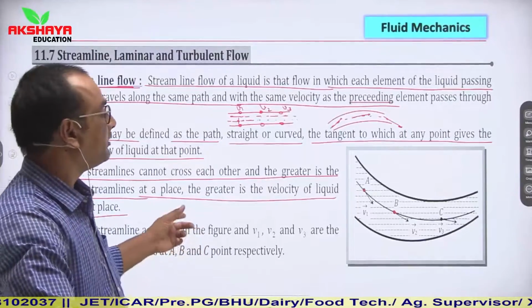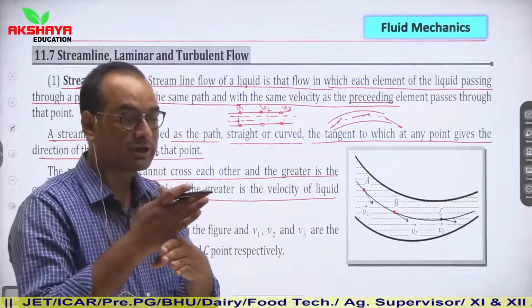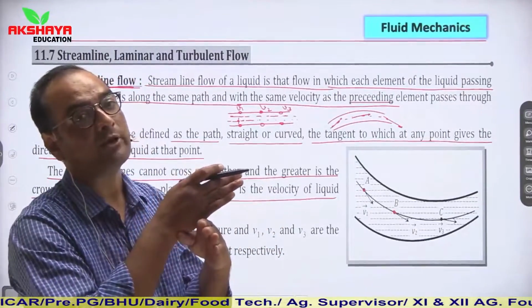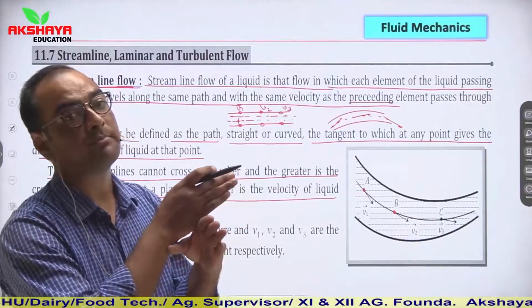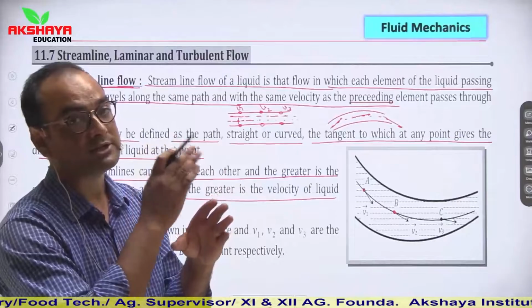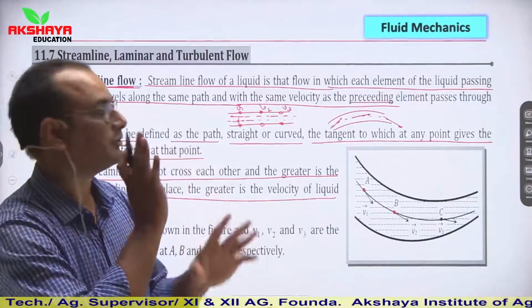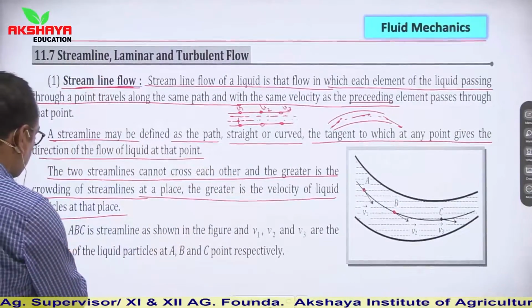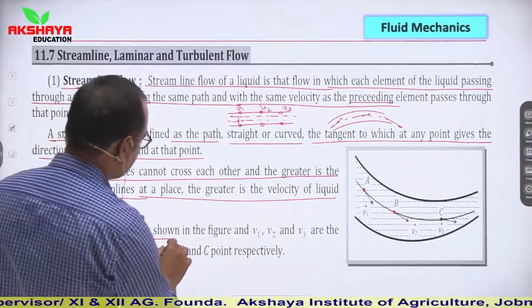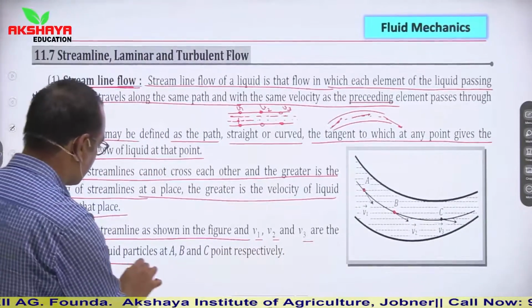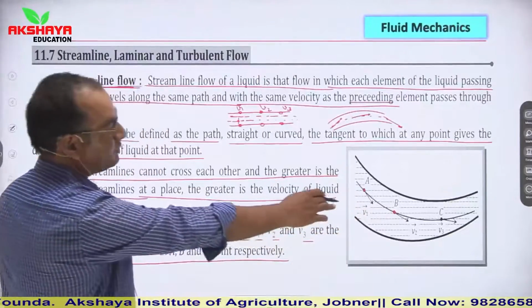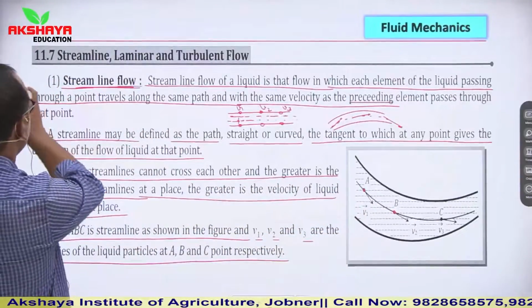And if we talk about intersection of two streamlines, then two streamlines cannot intersect each other. If they intersect each other, then their flow will be disturbed and they will be in turbulent flow. Path ABC is a streamline as shown in the figure. V1, V2, V3 are the velocities of the liquid particles at points A, B, C respectively. So I have explained this thing here.